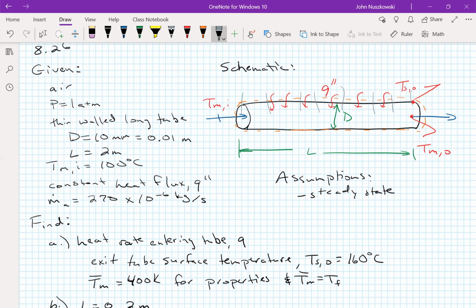Can we possibly use one of these additional givens they have for us? So this one right here, okay? So we have this surface temperature at the outlet given, right? How could we utilize that with the heat flux?